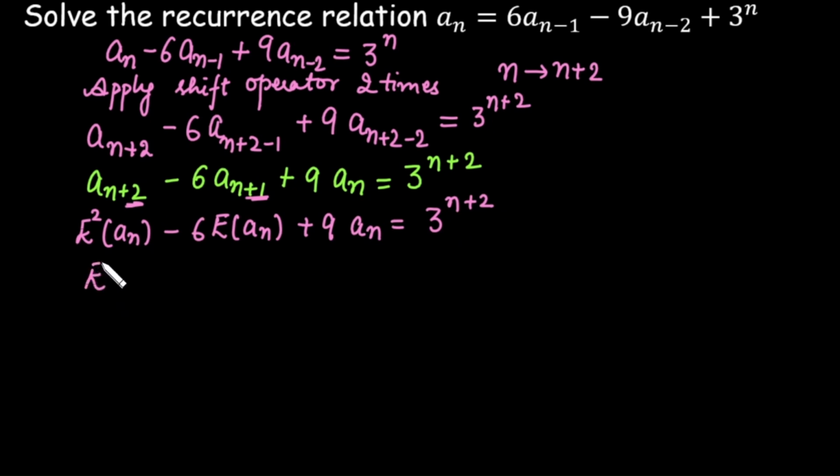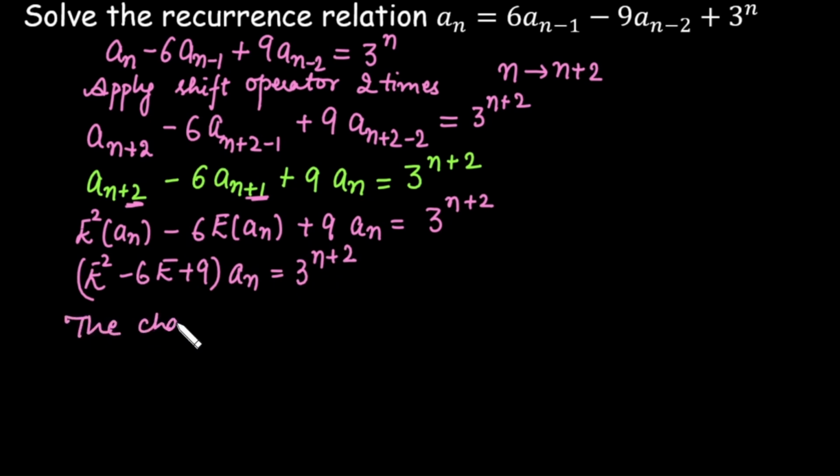We have (E² − 6E + 9) of an equal to 3 raised to power n + 2. From here the characteristic equation is E² − 6E + 9. As we have already done, what are the roots in this case? That is 3.